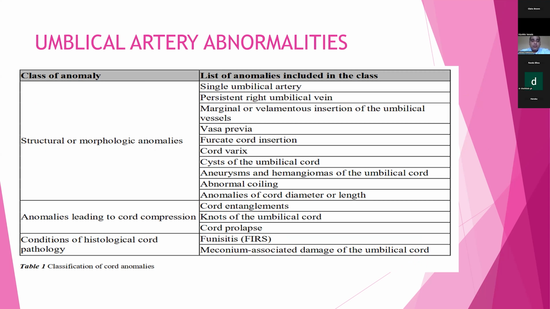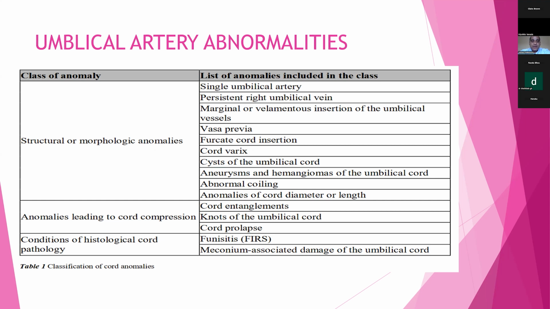The structural morphological anomalies include single umbilical artery or persistent right umbilical vein, marginal or filamentous insertion of the umbilical vessels, vasa previa, cord varix, cysts of the umbilical cord, aneurysm of the cord, abnormal coiling, and anomalies of the cord diameter or length.